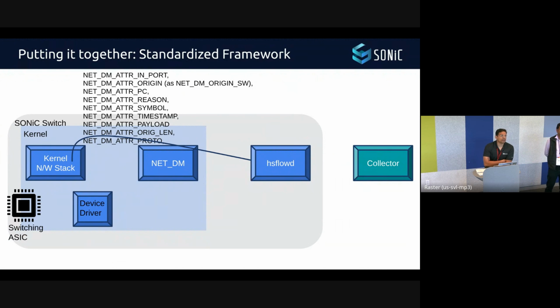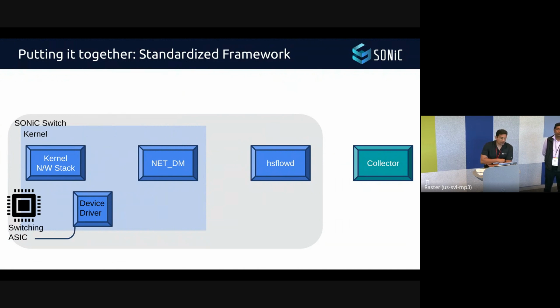It has the packet payload. Along with it, it has information like what was the source port on which the packet came in, the drop reason, whether it's a hardware drop or a software drop. All the drops generated by the kernel stack will be marked as software drops. And then the reasons, timestamp, all this information will be sent from the Linux kernel. This is all done by the Linux kernel drop monitor module.